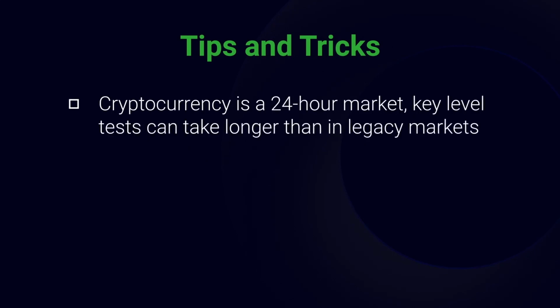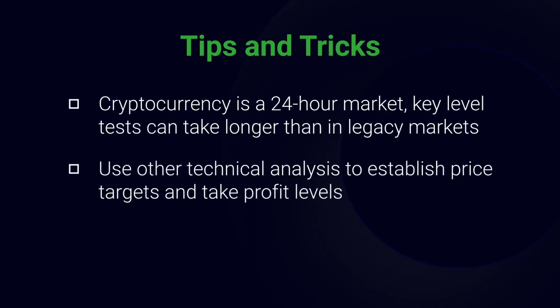Cryptocurrency is a 24-hour market, and the tests of key levels can take longer than in legacy markets. You should use other technical analysis to establish price targets and take profit levels, as the daily open types can only provide you possible entries and invalidations.